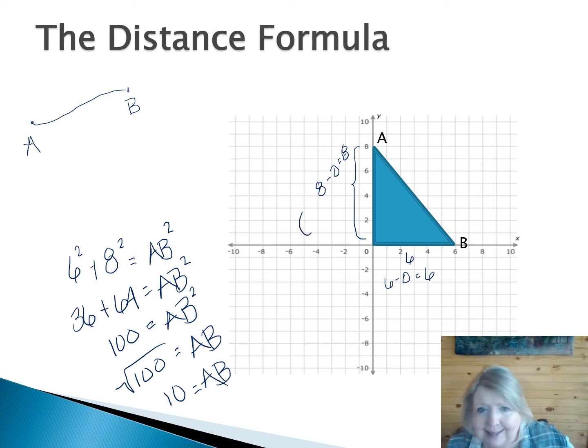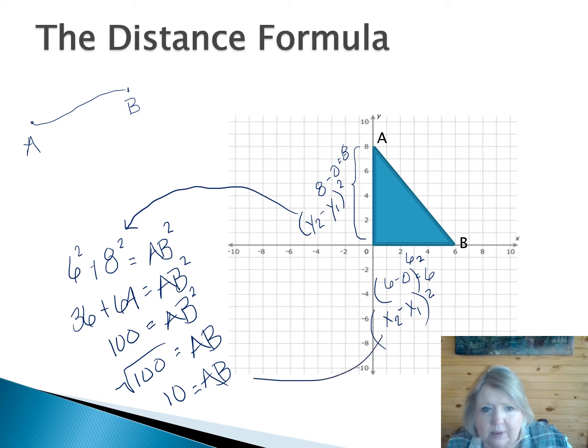I'm subtracting the y values and then squaring that to get one of the legs in my Pythagorean theorem. I'm doing the same with x2 minus x1. I'm subtracting the x values and squaring that to get the other leg in my Pythagorean theorem, and that gives me the hypotenuse squared. And then at the end, I have to take the square root.